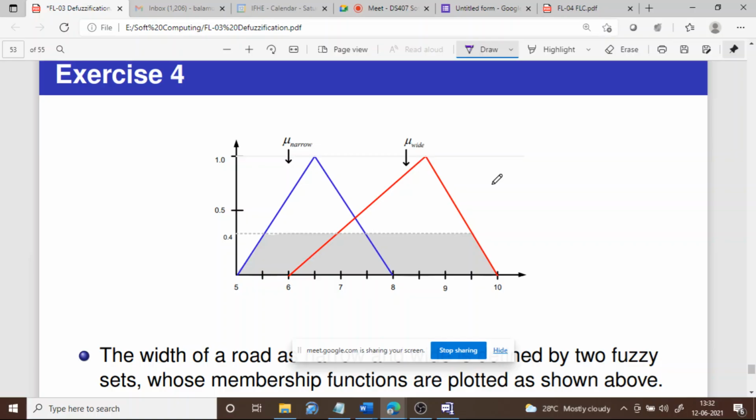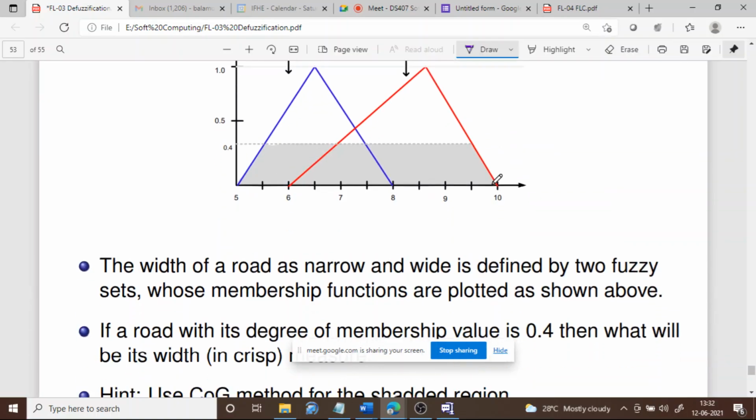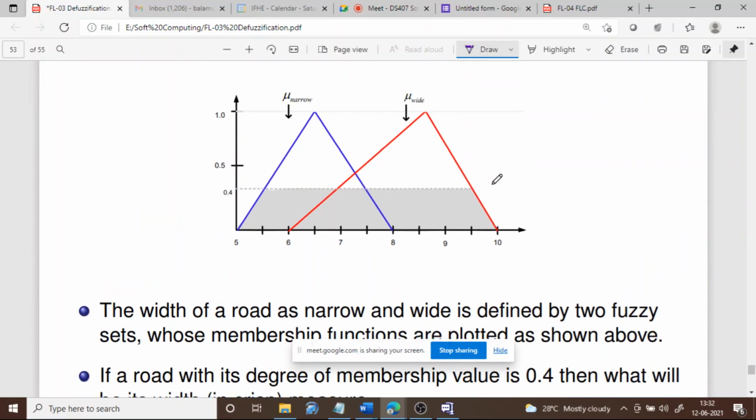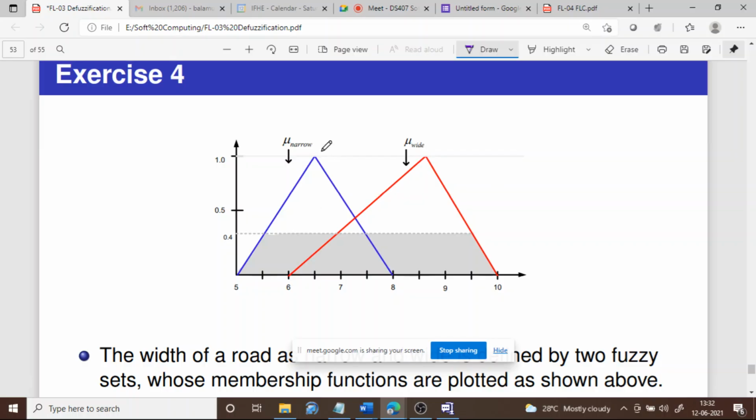This is another question. Here there are two membership functions, and these two membership functions represent the width of a road. One road is narrow, and the narrow road is represented by this membership function, and the road which is wider is represented by this membership function.